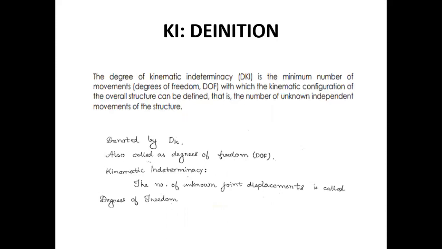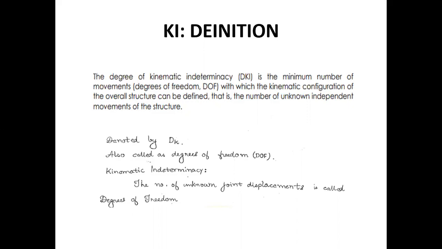First of all, what is the definition of kinematic indeterminacy? The degree of kinematic indeterminacy, also represented as dki, is the minimum number of movements, or degrees of freedom, with which the kinematic configuration of the overall structure can be defined.